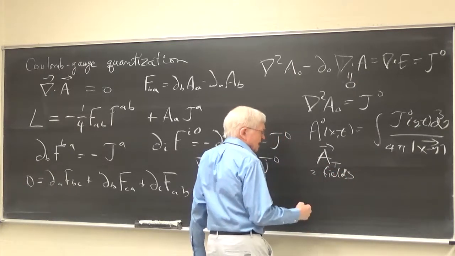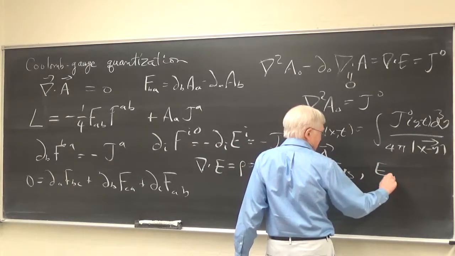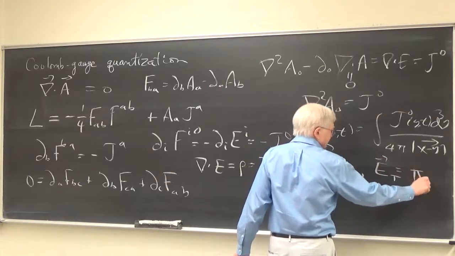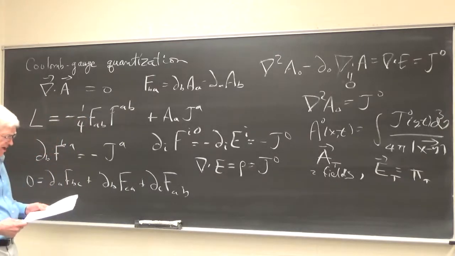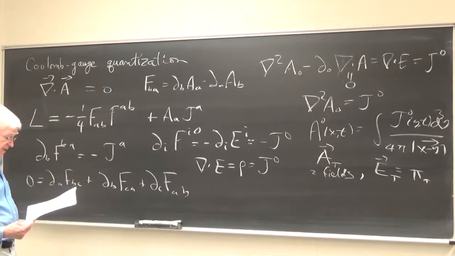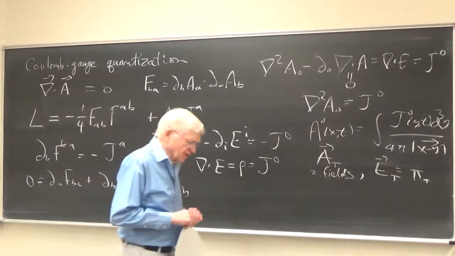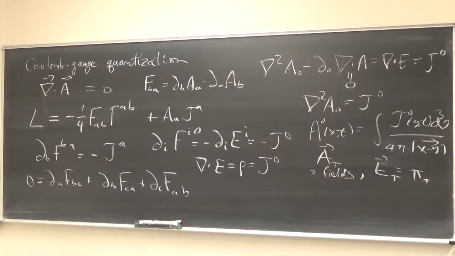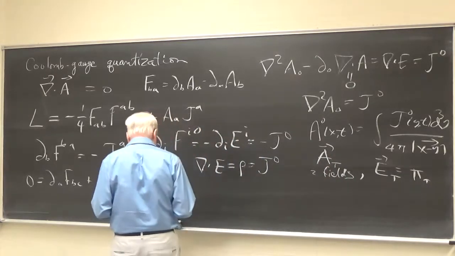And the corresponding transverse part of the electromagnetic field is effectively the momentum that's conjugate to the transverse vector potential. Weinberg goes through this in great detail using brackets and so forth.